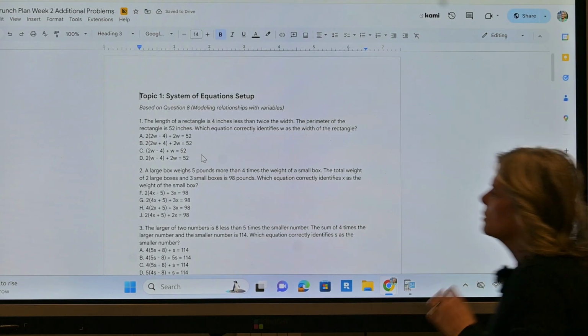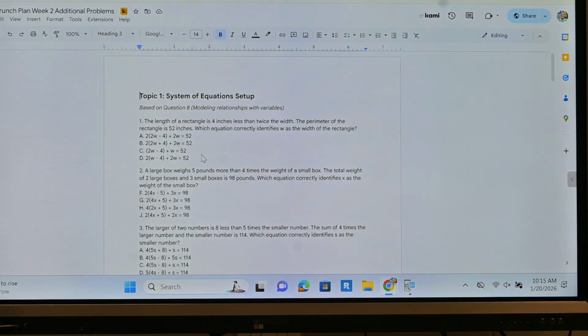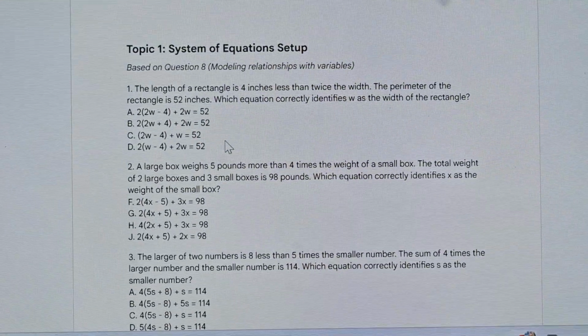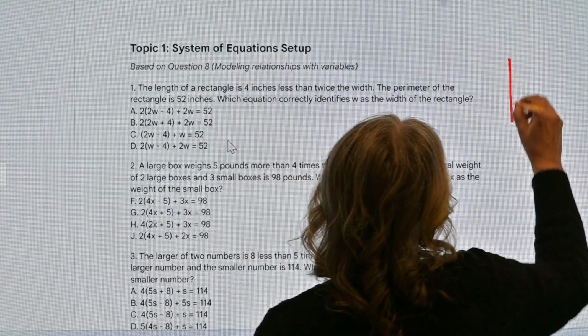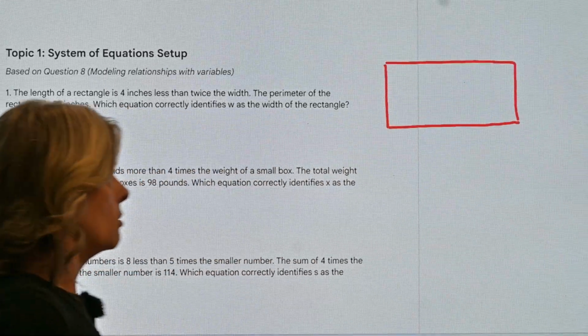Okay, so we're gonna do this first problem. The first one says a length of a rectangle is 4 inches less than twice the width. So I would actually draw myself a rectangle here, you guys. Remember, a rectangle has 2 short sides, 2 long sides.